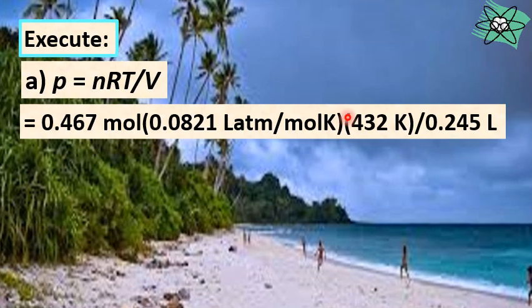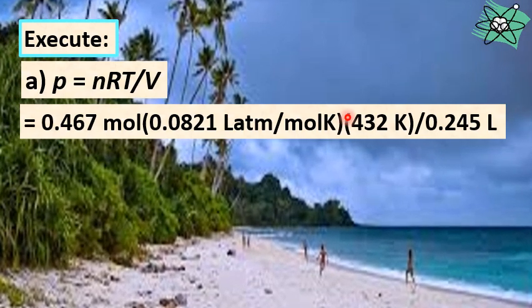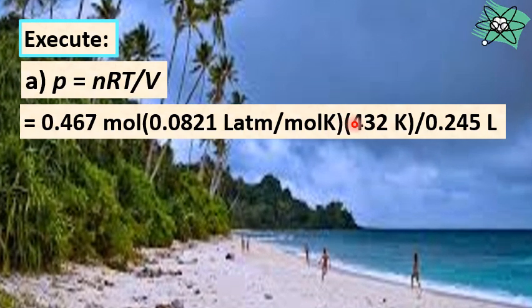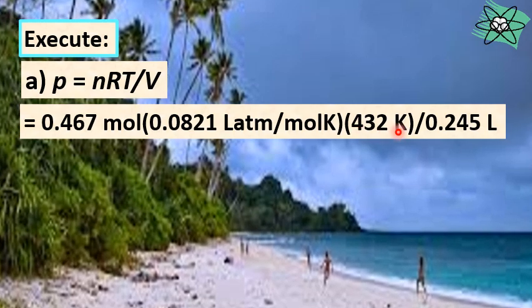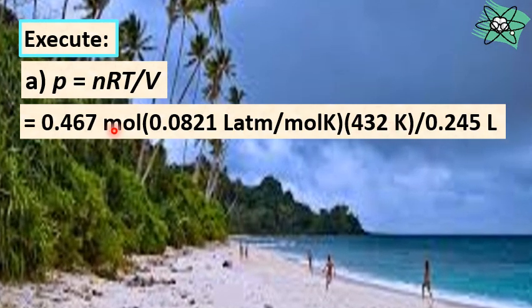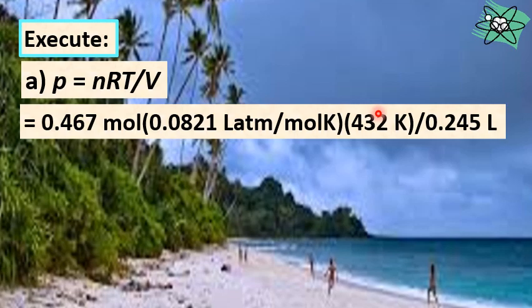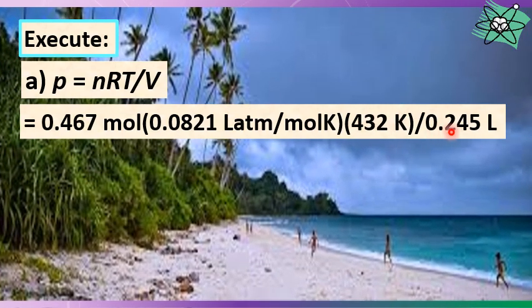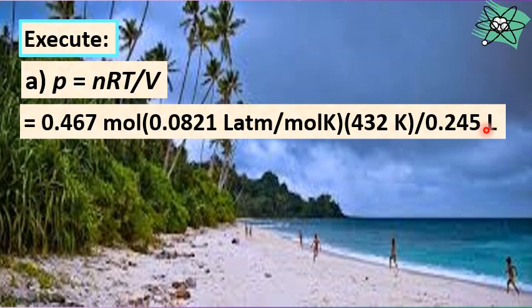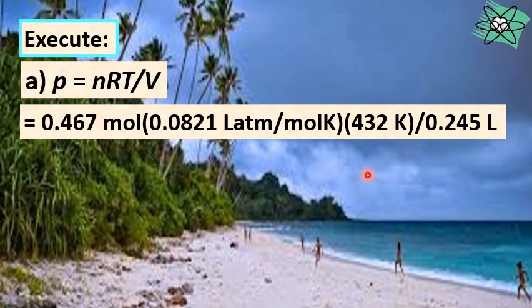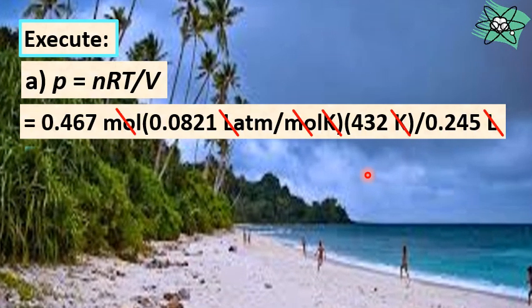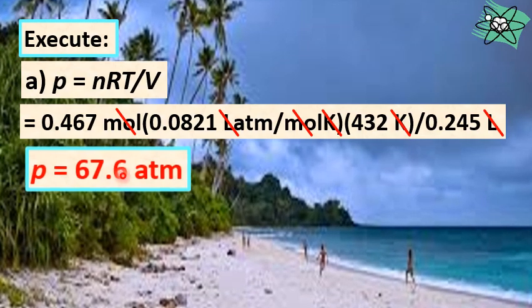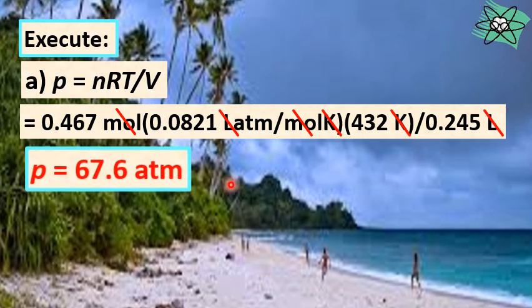And then times the Kelvin temperature, 432 Kelvin, right? So once we get the product, that will be divided by the volume, 0.245 liters. So when you do our math, we get the pressure P equals 67.6 atmosphere.